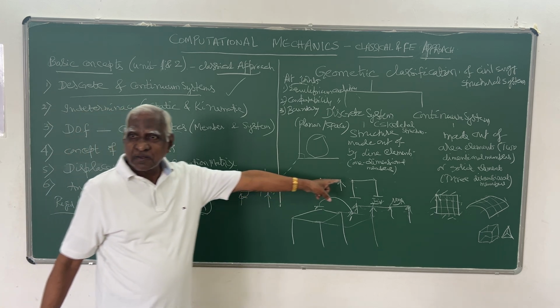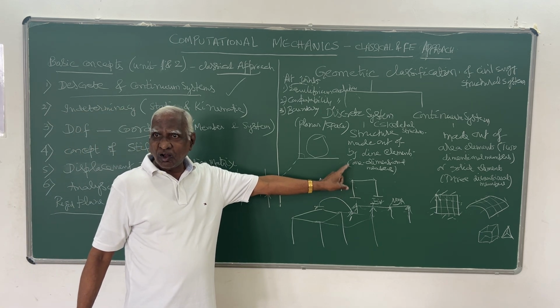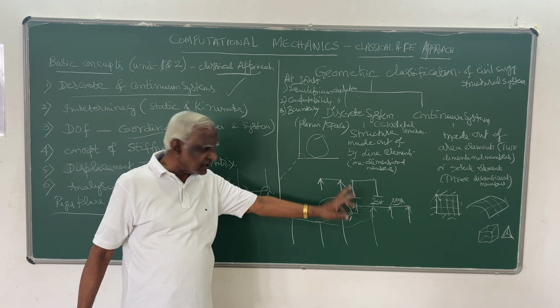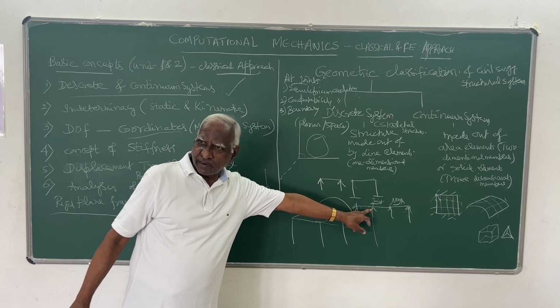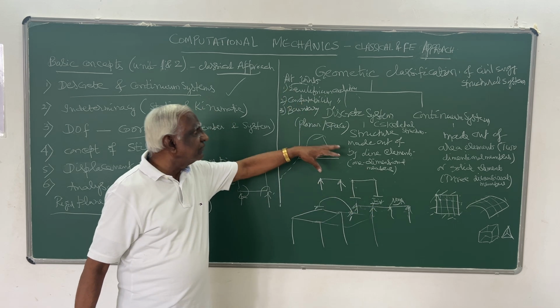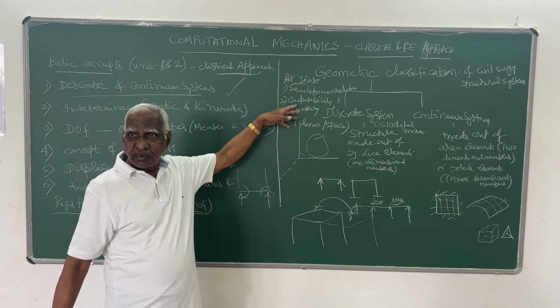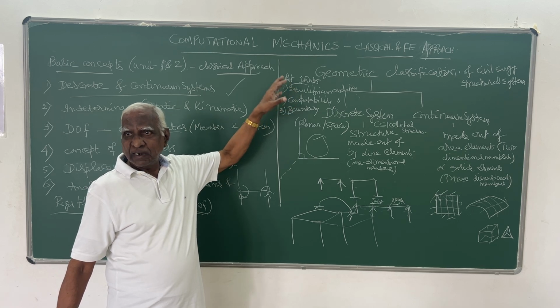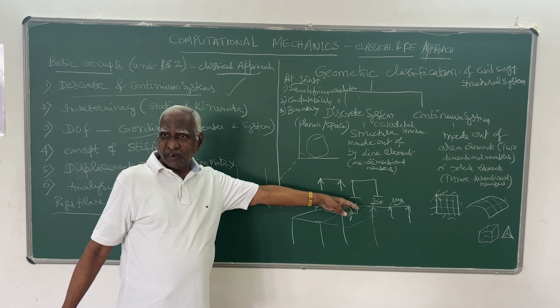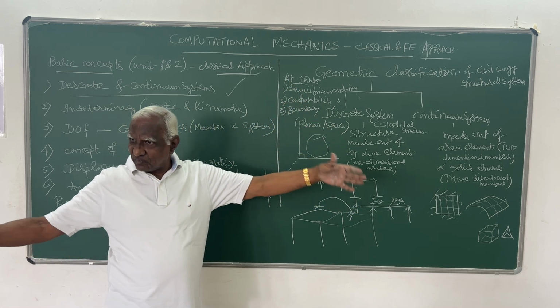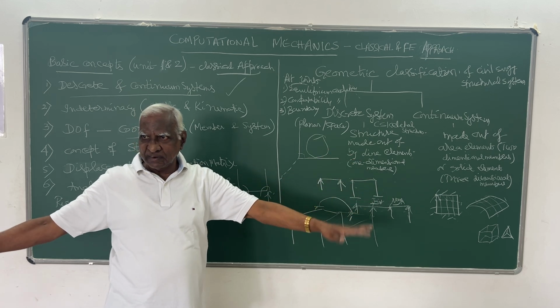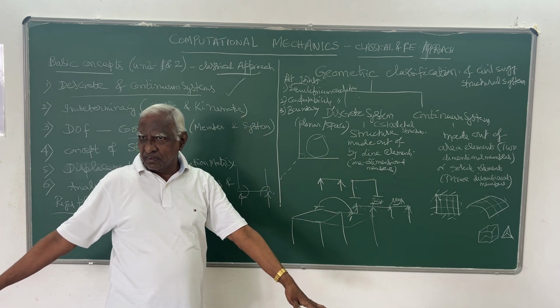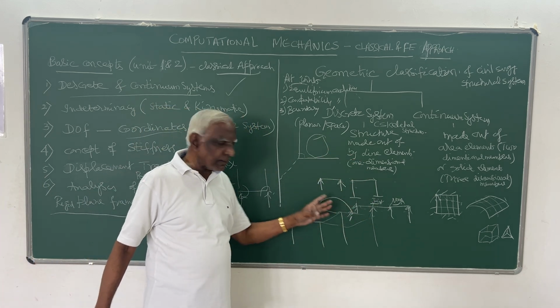Since I told you all the forces and displacements are considered only at the nodal points, we have to satisfy the equilibrium condition and compatibility at the nodal points, and the boundary conditions wherever the boundary or support is there, because some of these nodes may be supports.